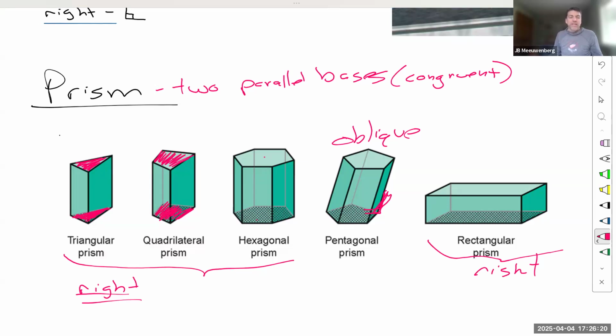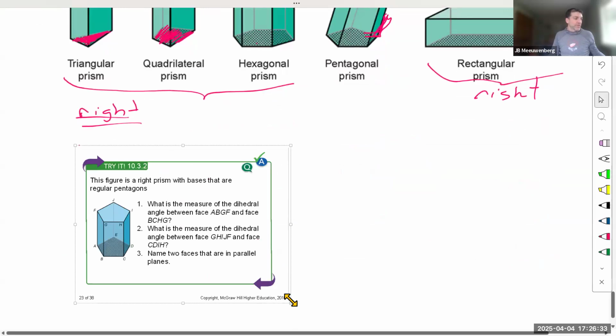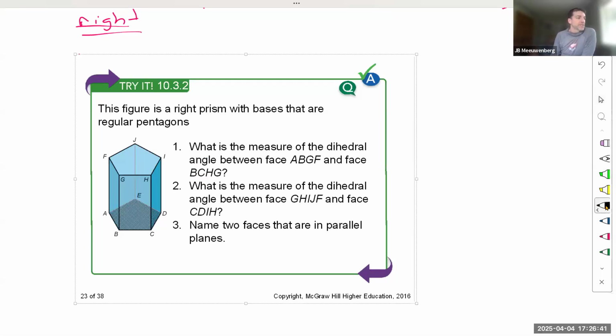If, like before, we consider the interior along with our prism, then it would be considered a solid. So let's examine our prism a little bit more and ask a few different questions. What we see here is a right prism, and it has bases that are regular pentagons.